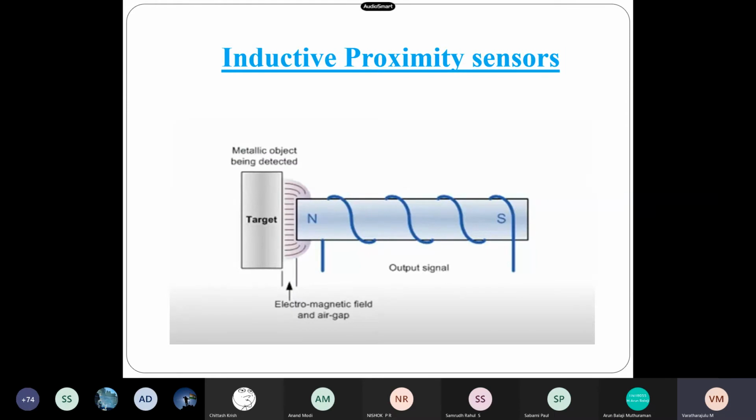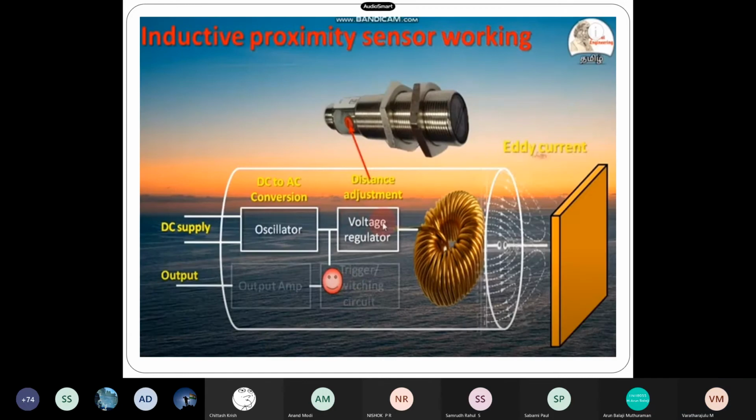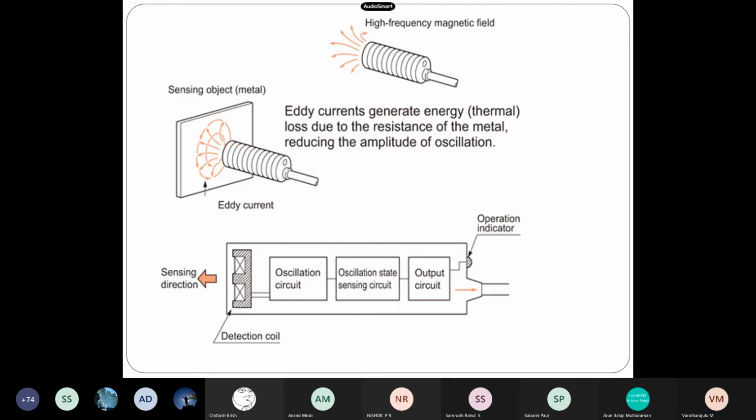And see here, we have the target. Based on the metallic object detection, what happens? There might be changes in the output signal. Here, when the high frequency magnetic field is there in the measuring device, and this measuring device approaches objects, that too a metallic object, what happens?